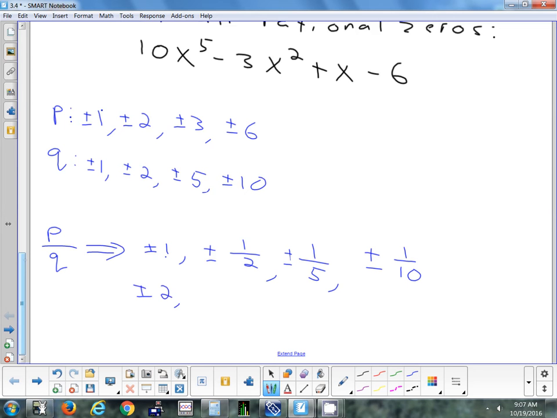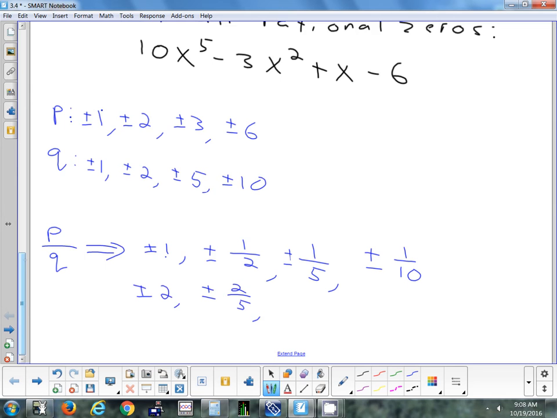Yep, so the next one he did was positive or negative 2 over 2, which is really just positive or negative 1. So we already have that one. What would be the next one? Positive or negative 2/5. Yep. And what would be the last one? Positive or negative 2 over 10, which is 1/5, and we already have that one. Okay, so those are all the denominators with numerators that you could have with 2.